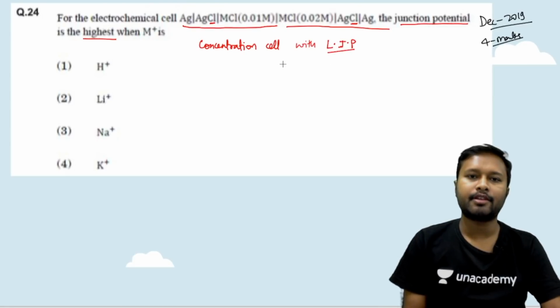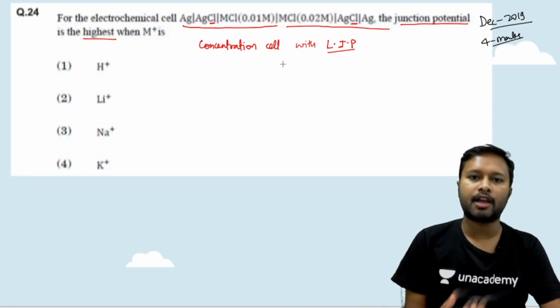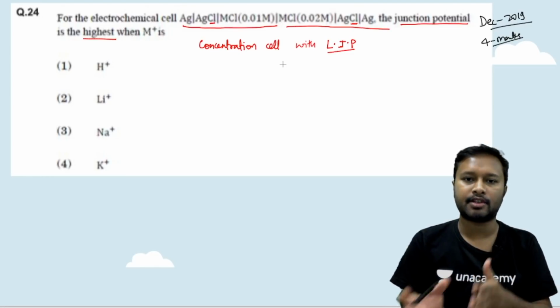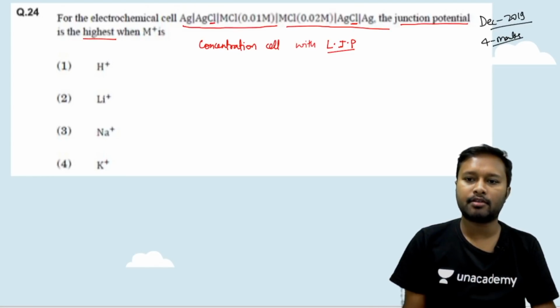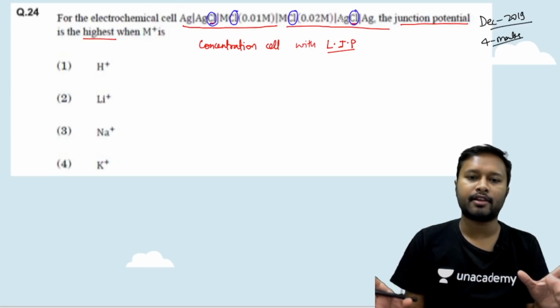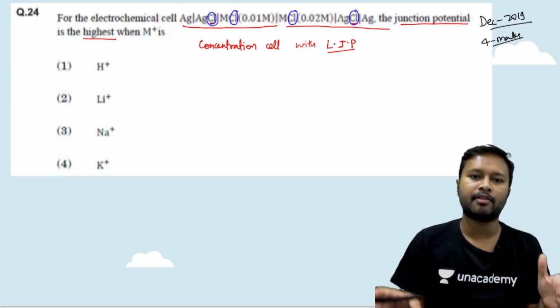Now in order to solve these types of questions, what you have to see is which ion is responsible for the charge transfer. Okay, so by looking into the cell reaction which is given to you, you can see that the chlorine is common on both the sides, right? So basically chlorine is going to get deposited on the electrode, and the electrode reaction is going to happen with chlorine.